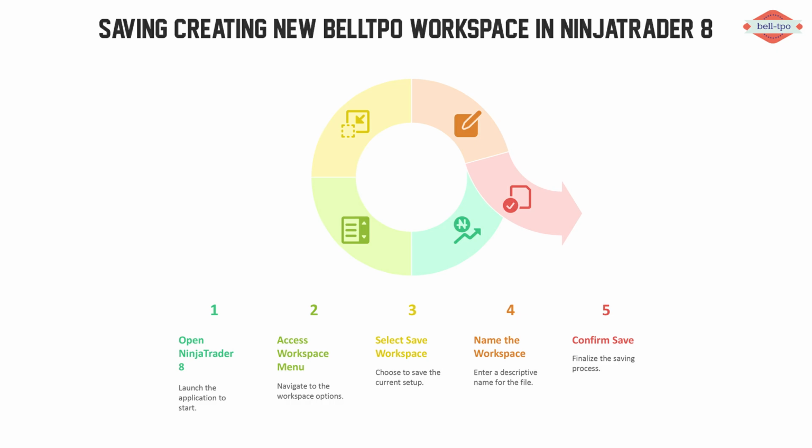Now let us learn how to save or create a new workspace in NinjaTrader 8. For this, we know already how to launch the NinjaTrader application, and I will now show you how to access the workspace menu, and also I will show you how to save your workspace or name your workspace and also confirm your workspace, right? For this, let me take you to the NinjaTrader control center again.